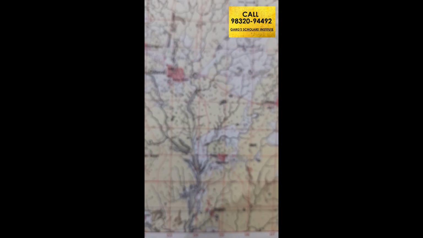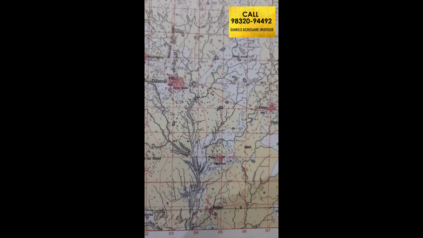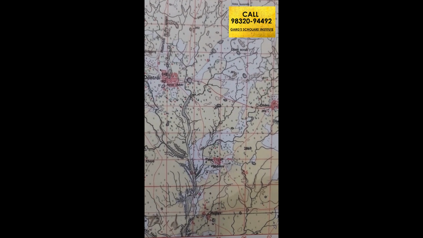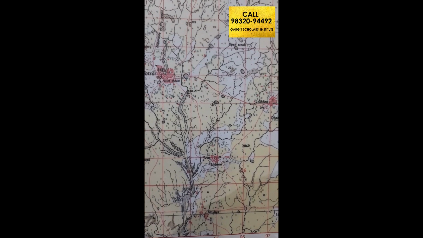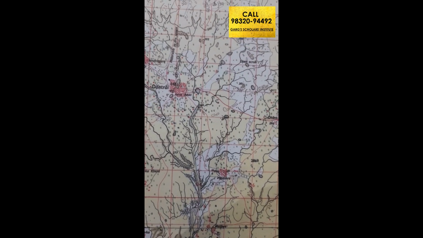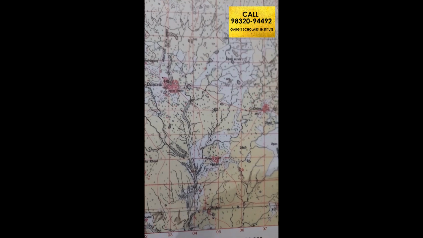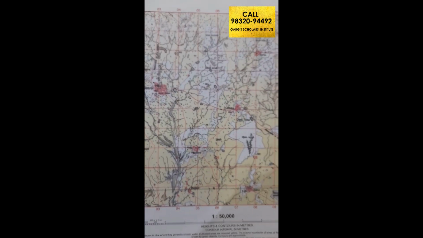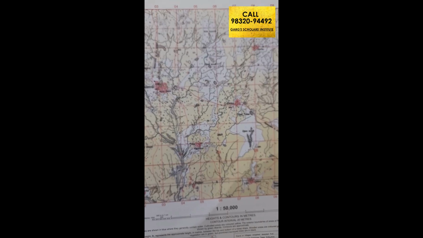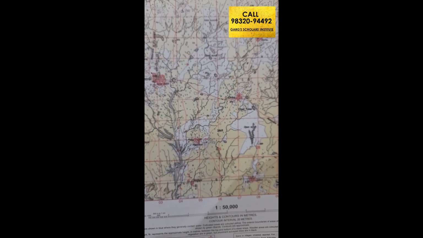What according to you is the main occupation? You can write that the main occupation of the people in the map area is cultivation. One thing is very important: I've been telling you repeatedly that whenever you write any answer, it has to be backed by sufficient reason.